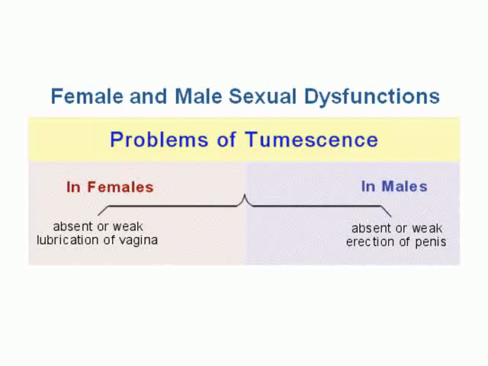First, tumescence. That is the engorgement with blood of the female and male sex organs. It is the manifestation of physical arousal. When it is absent, the individual is not ready to begin intercourse. In females, there is a lack of vaginal lubrication, and in males, there is a lack of penile erection.